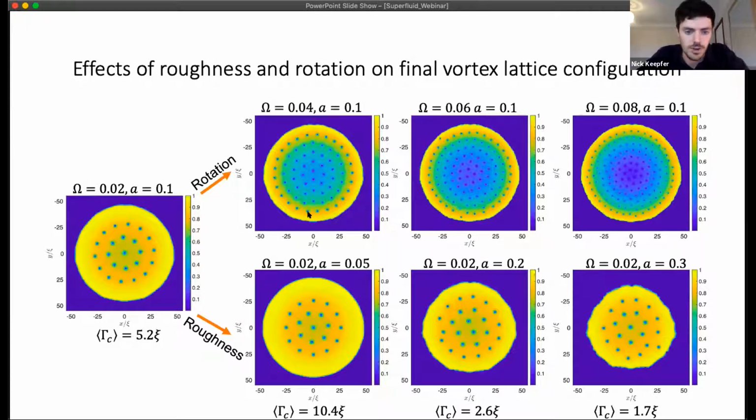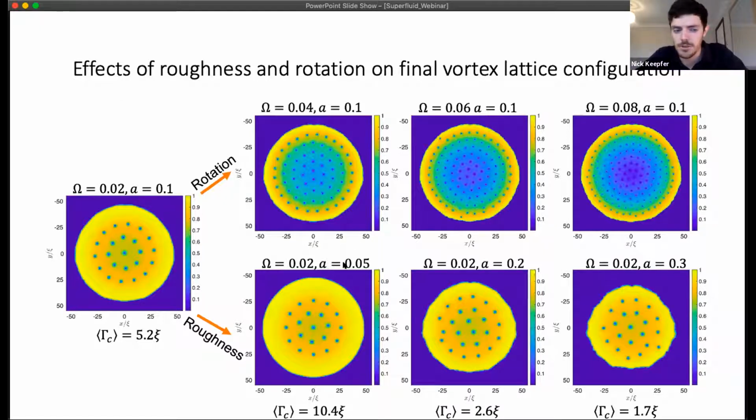This injection of vorticity reaches a saturation point where you can only hold so many vortices within your system, and spinning any faster won't really give you any more. And you'll notice there's some centrifugal effects, just the same as you would in solid body or in classical fluids, as the density gets swapped into the edges as you spin faster and faster. On the bottom here, we see what happens if we try and vary this roughness parameter A.